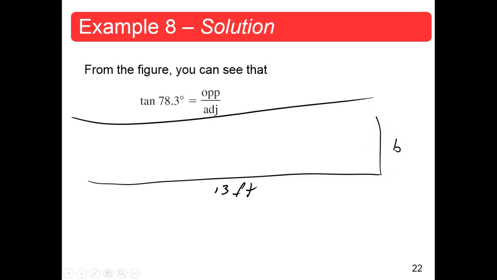Okay? And we know this angle here is 18.4 degrees. The other thing we're looking for is how long a piece of plywood do you need, C, for a 13-foot run and 18.4 degree ramp.